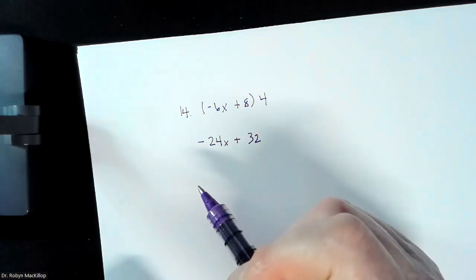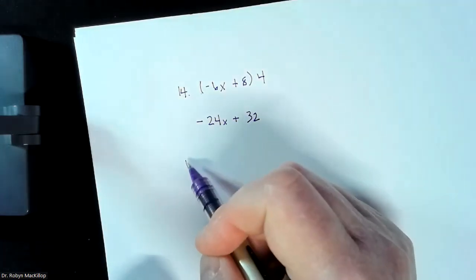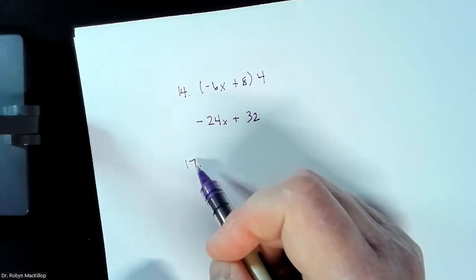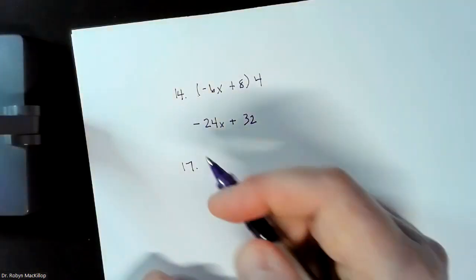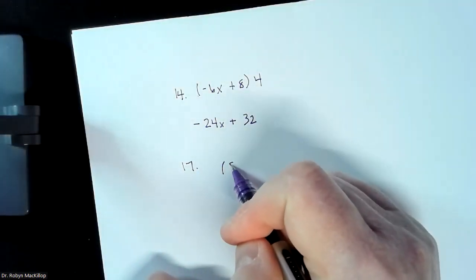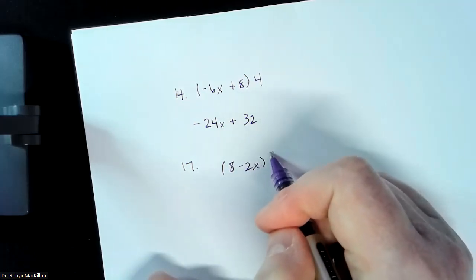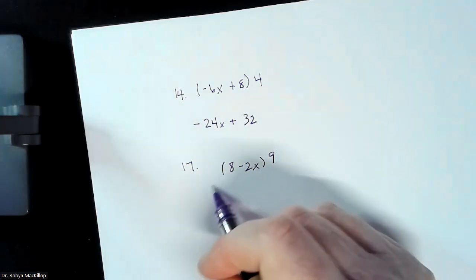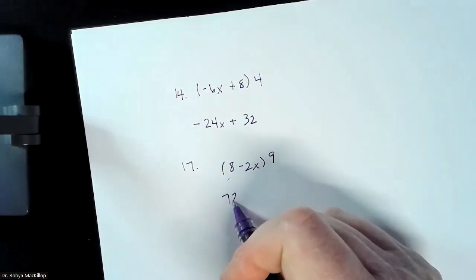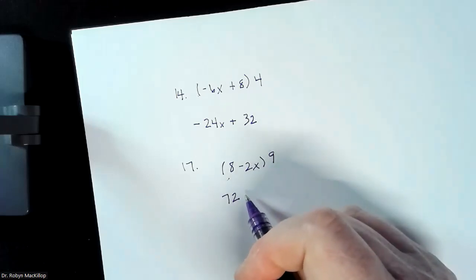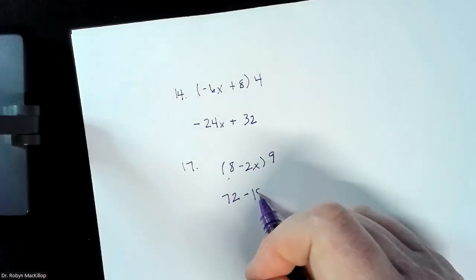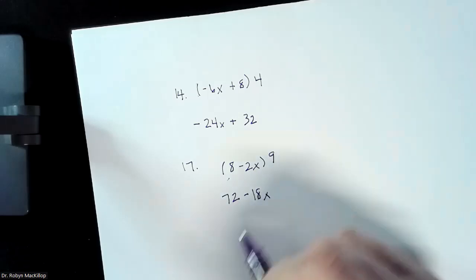And then we'll do number 17. And that is, let me move this up, sorry. That is 8 minus 2x times 9. 9 times 8 is 72. 9 times -2x is -18x.